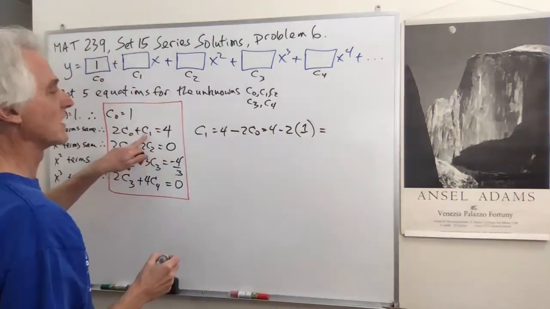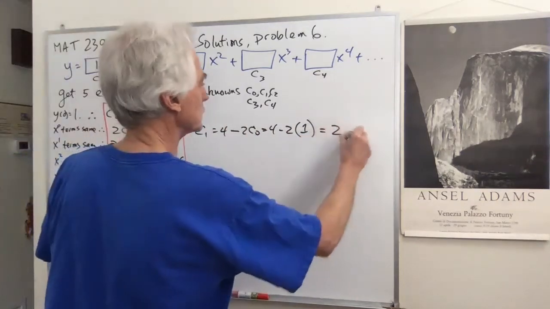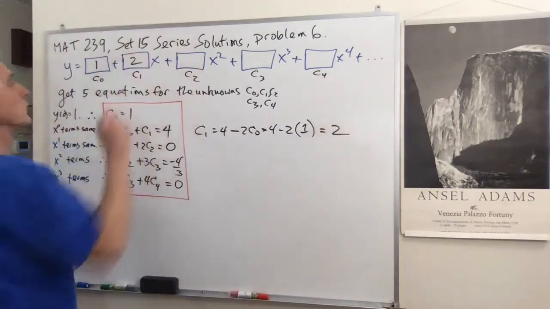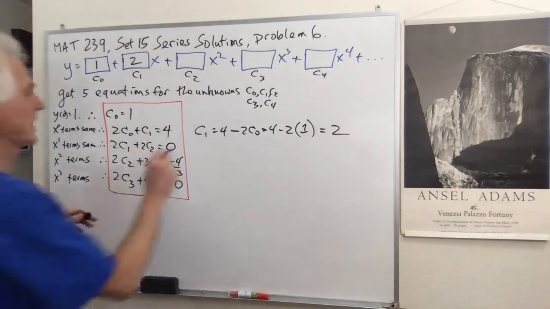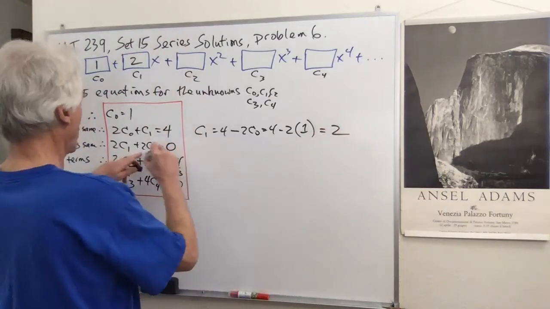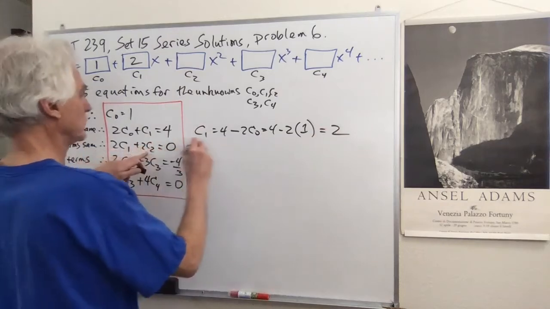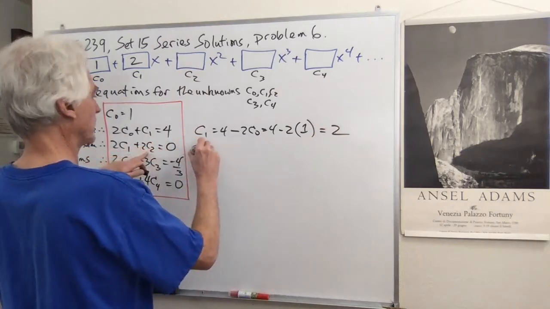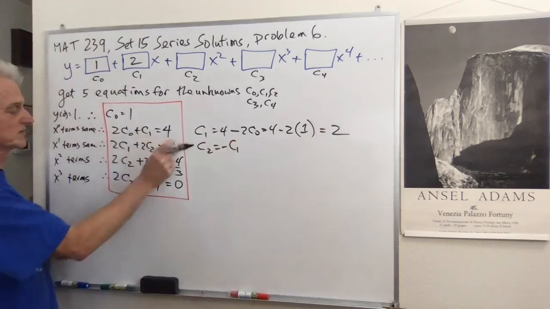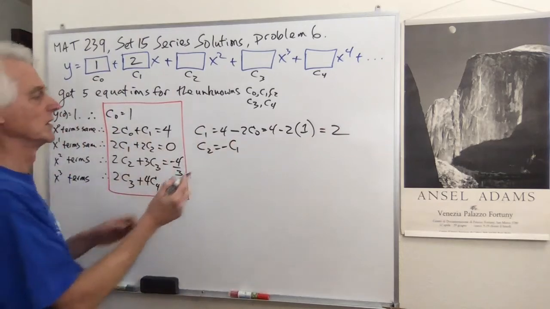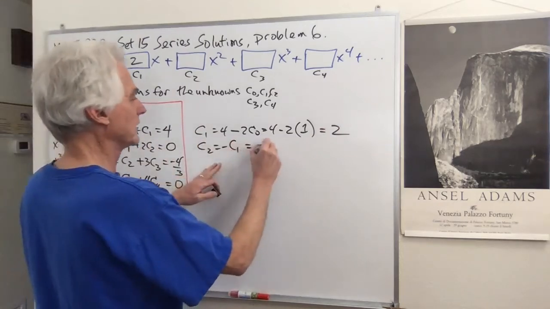Okay, that's 4 minus 2, which is 2. So fill in 2. All right, so now what do we have here? We have 2C1 plus 2C2 is 0. So you can probably see C2 is just minus C1, right? If I bring this over and then divide by 2. So that's got to be negative 2.